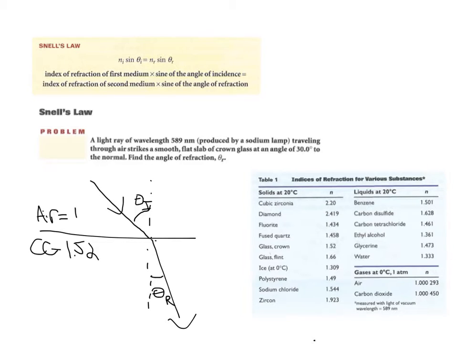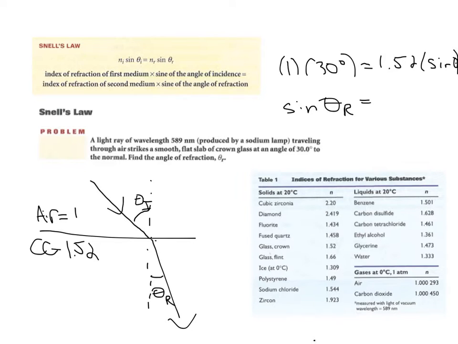So now it's just a plug and chug. So we've got Ni, which is the index of refraction of air, is 1. The angle of incidence is 30 degrees. And that equals 1.52 times the sine of theta R. I forgot to put sine up here in my equation. So when I solve this, I get sine of theta R equals 0.329.